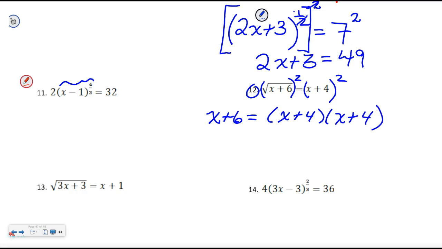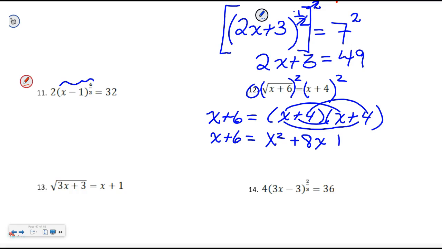So we'll do on the right, our firsts, outsides, insides, and lasts. My outsides are 4x. My insides are 4x. That gives me 8x. My lasts is 4 times 4, which is 16.